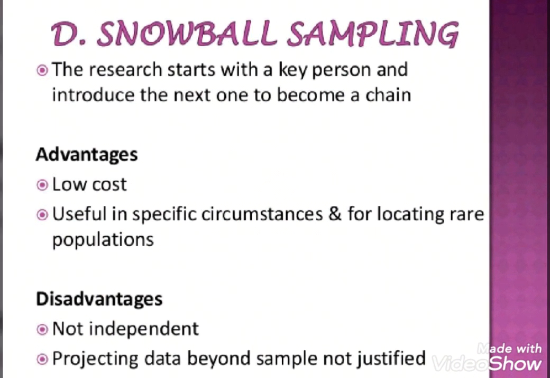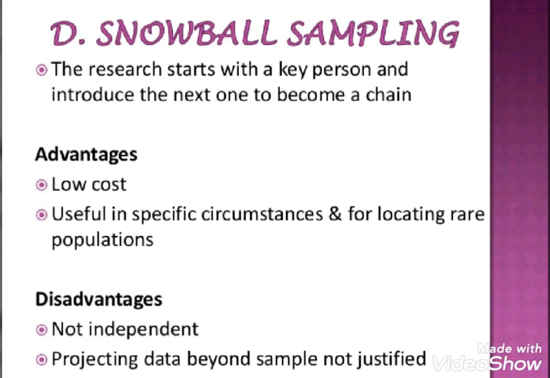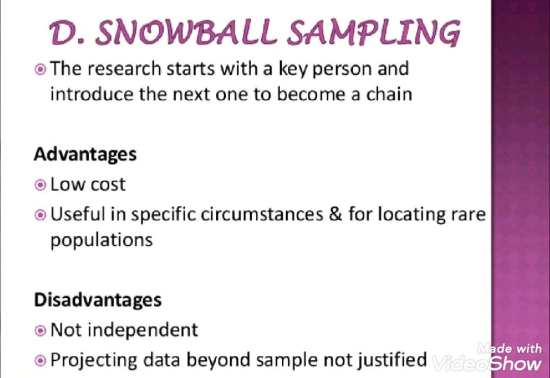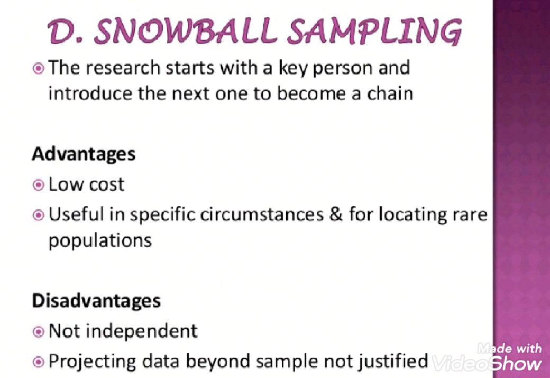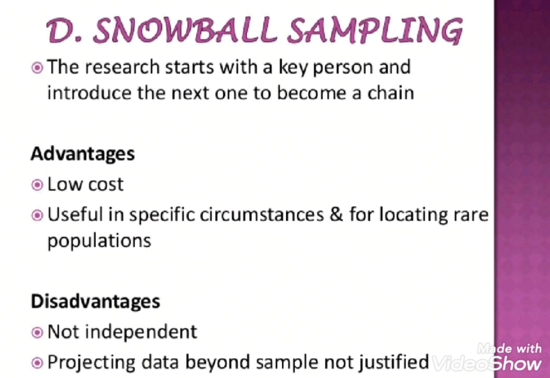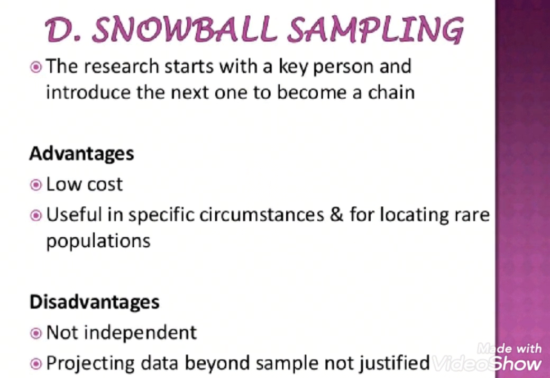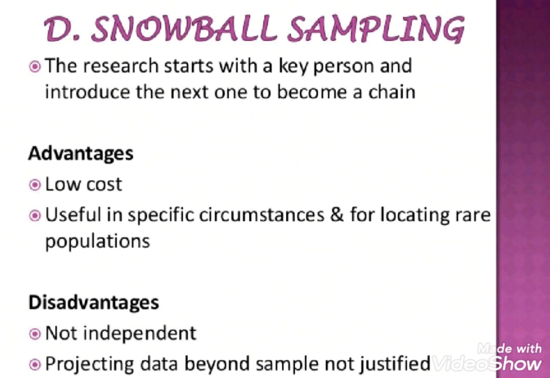Advantages: low cost, useful in specific circumstances and for locating rare populations. It is not so costly and helps the researcher locate people conveniently. Then disadvantage: non-independent, it does not depend on anyone. Then projecting data beyond the sample is not justified. You cannot go beyond your samples in the research process.